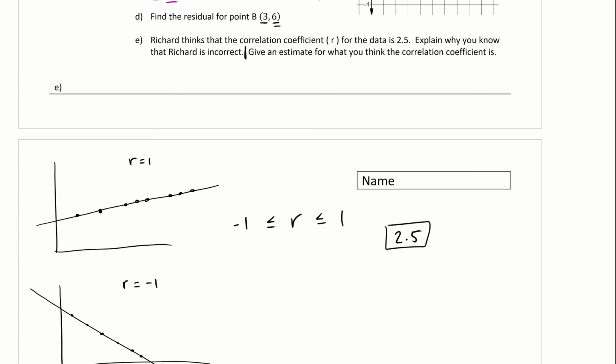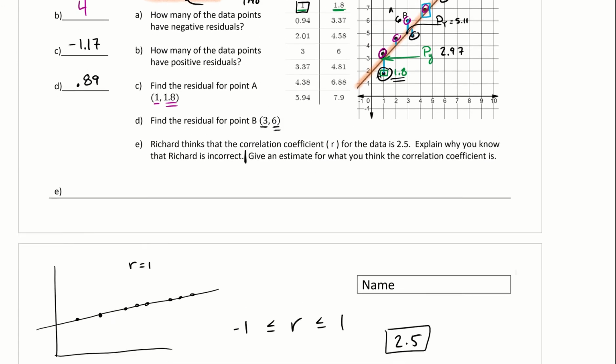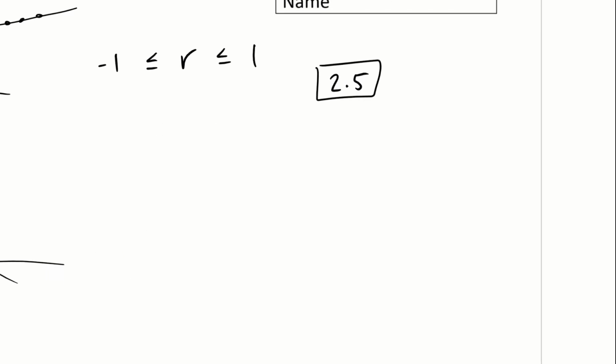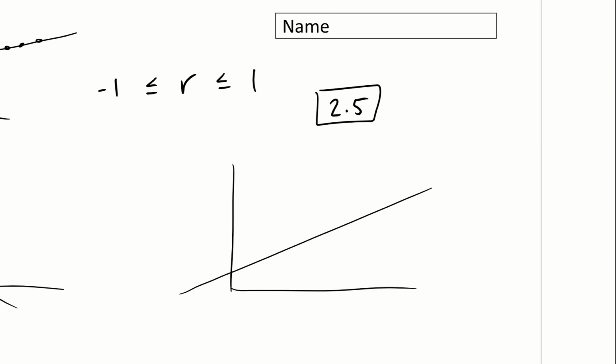And then it says give an estimate for what you think the correlation coefficient is. Well, first of all, I know that it's positive because it's increasing. And as I look at it, the data points are certainly not exactly on the line, so I wouldn't say it's +1. But this might be a correlation coefficient of, I don't know, maybe something like 0.9 or 0.87.